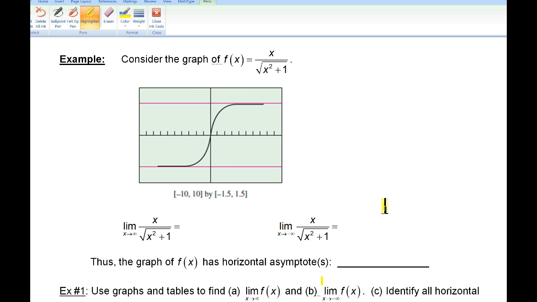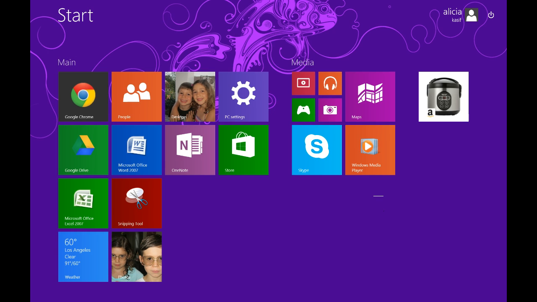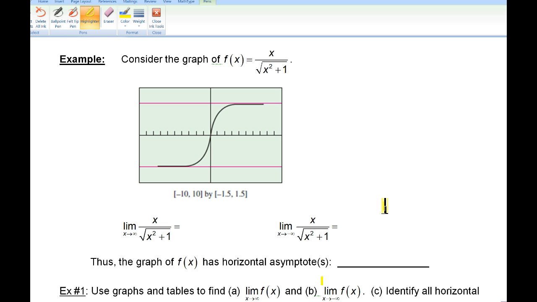Hold on. Bear with me for one moment. Every once in a while, the pen stops working. Anyway, those are my daughter's spelling words. She likes to practice. Snows and foxes? Foxes, yeah, I think she had that. She has spelling words and vocabulary words. I still remember in first grade, it's a funny story.